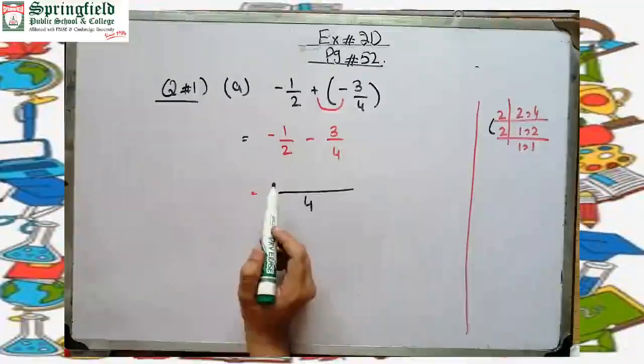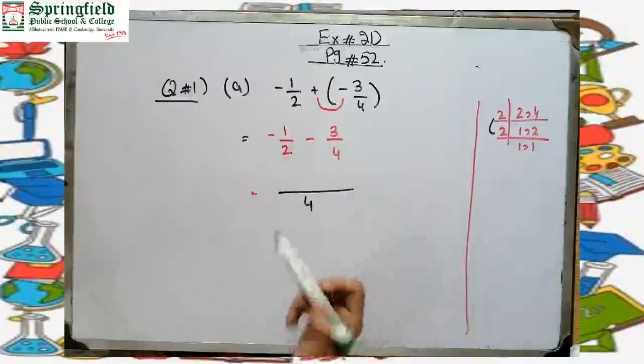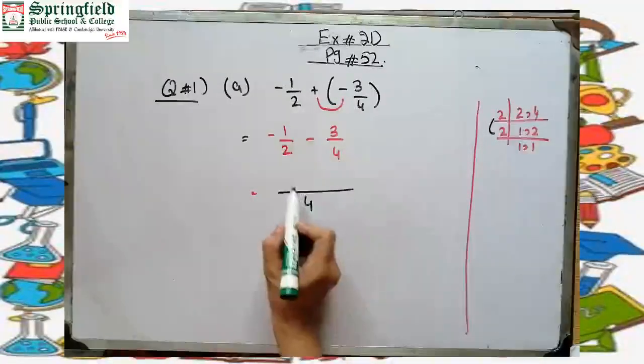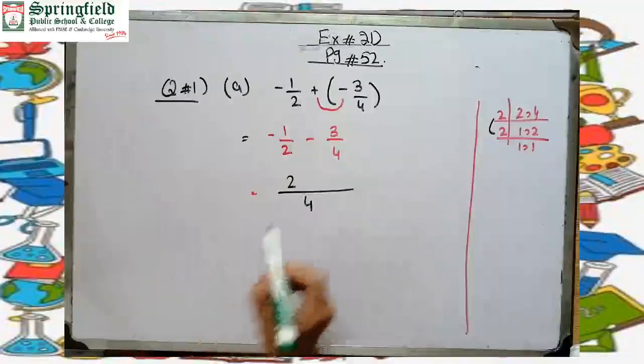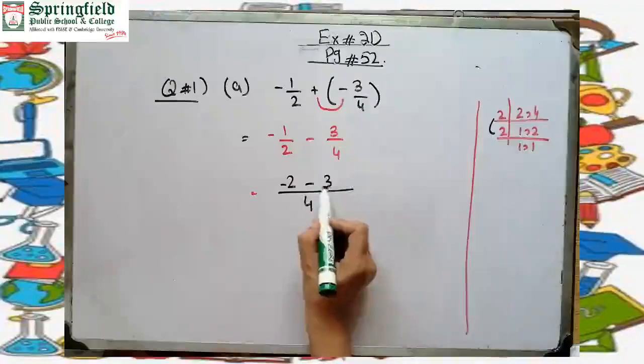We convert the small fraction into the larger fraction by this method: the LCM is divided by the denominator, and then the answer is multiplied with the numerator. 4 divided by 2 is 2, 2 multiplied by 1 is 2, so minus 2; minus 4 divided by 4 is 1, 1 multiplied by 3 is 3.